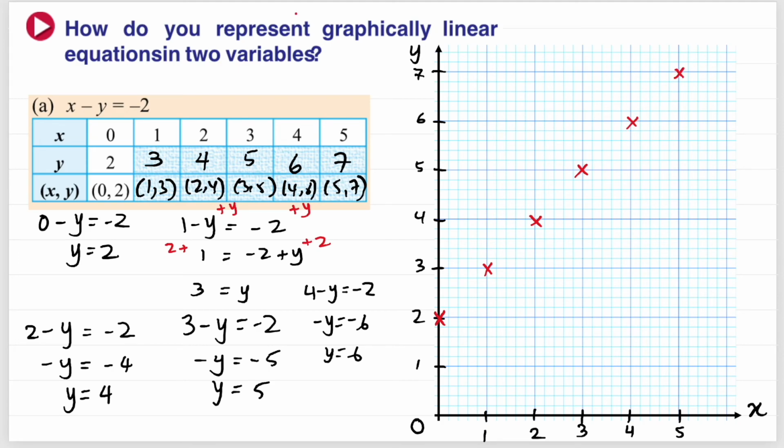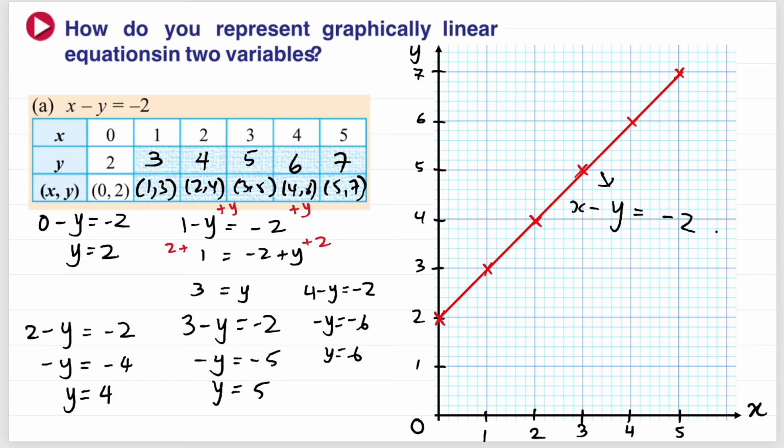Okay. So, cikgu boleh connect all the points together by plotting the lines lah. Okay. So inilah dia punya graph. So this is y, x, x tolak y sama juga dengan negatif 2.